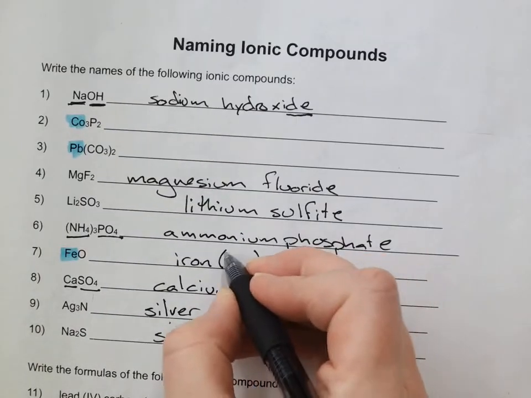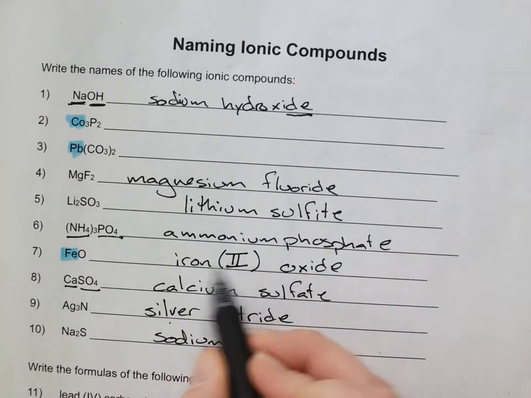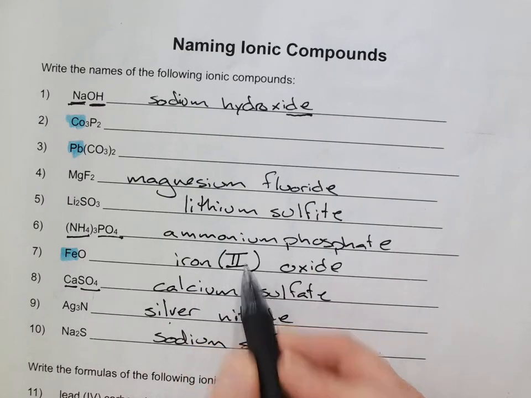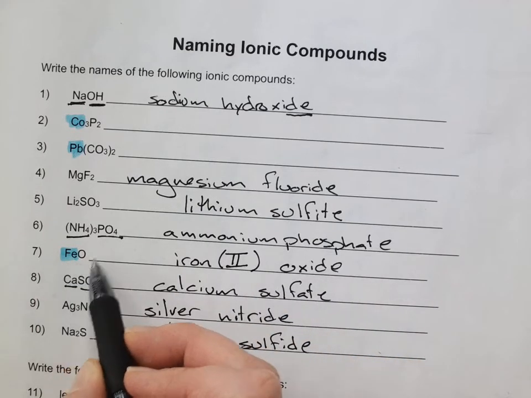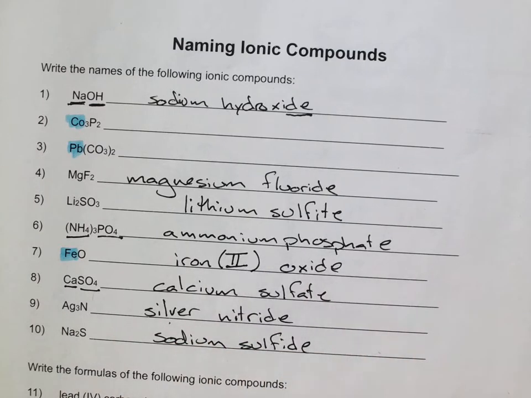So this is iron 2 oxide. The Roman numeral tells me literally the charge on the iron. Iron 2 has a +2 charge. It may or may not show up in the formula. There's no 2's in this formula. It's because that's how the charges work out.